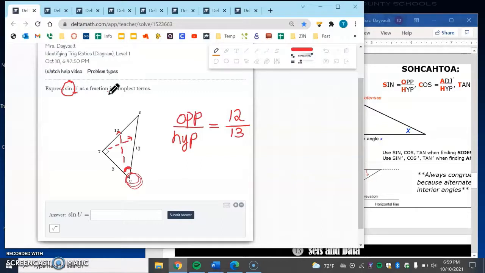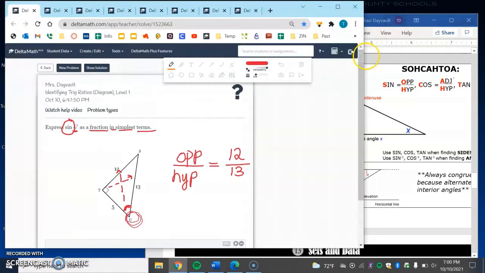So the ratio is 12 over 13 for this triangle. It says as a fraction in simplest terms, can I reduce 12 over 13? No, I can't. So my answer would be 12 over 13.